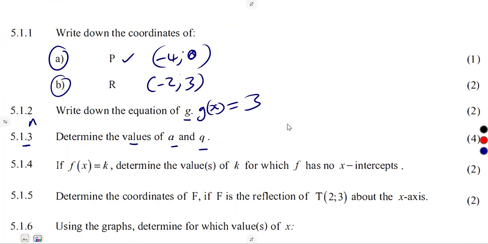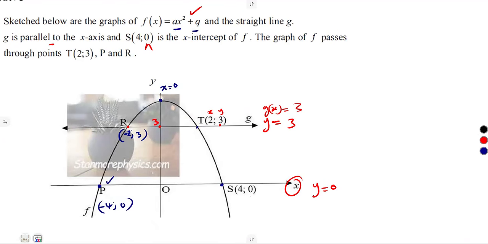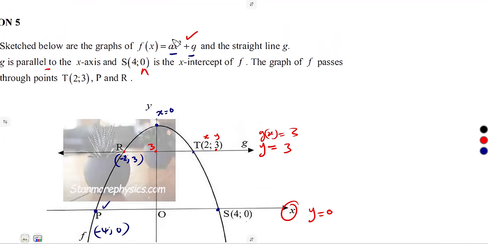So 5.13, A and Q, where are they found? They are found on f of x. So to find A and Q is from our f of x, which is given as ax squared plus q.